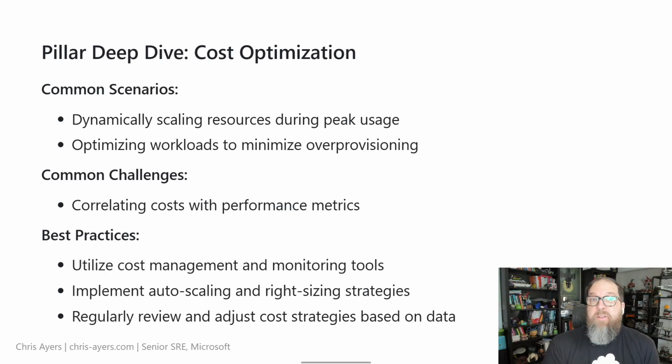Specifically, understanding the cost model of the cloud. The cost model of the cloud is based on what you consume, what you use. And so one way you can leverage that is doing scaling resources, having auto scaling, having additional instances added. I talked earlier about minimizing over provisioning.